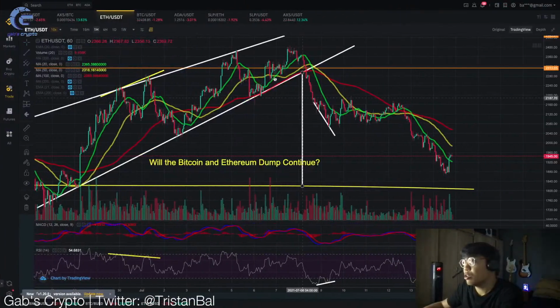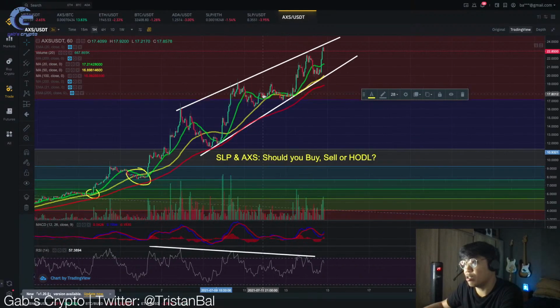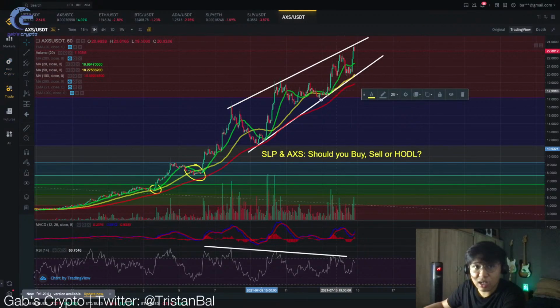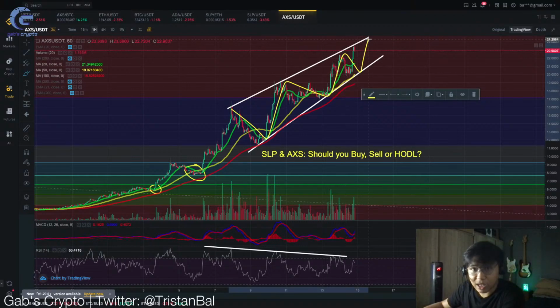So as you all know guys, alam ko sa inyo marami sumusunod dito sa Axie Infinity, and sa previous video pinakita ko sa inyo itong move, and yung move na to is meron tayong rising wedge. And traditionally, a rising wedge is a bearish price action. So this would mean the price would more likely bounce at these support and resistance areas. So right now we are seeing that one play out.